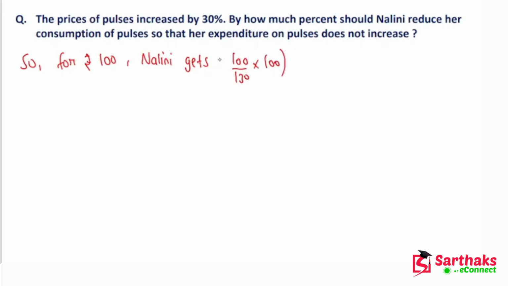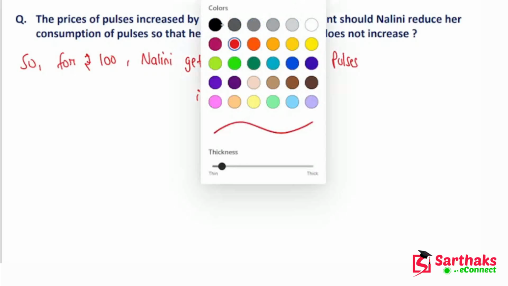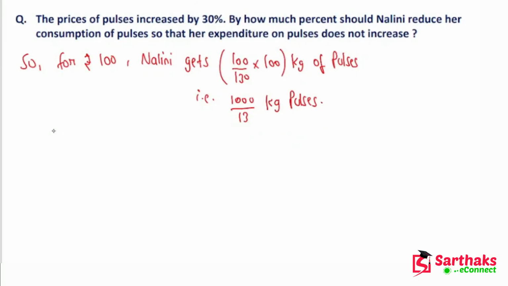So 100 into this, kg of pulses, that is, if we calculate it, it would be 1000 upon 13 kg pulses. So now we have to just calculate the reduction. Obviously it would be less than 100 kg. That is why we are calculating the reduction.